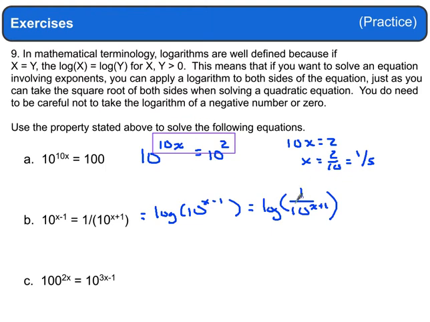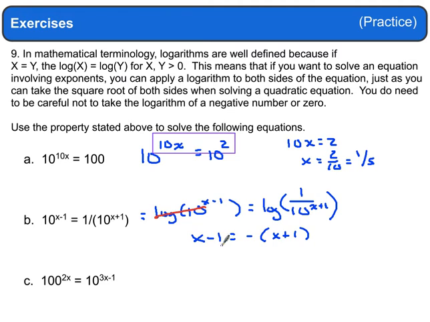By the way, since this is 1/10, I could pull a negative out. And so we end up with x minus 1, because this part's going to cancel this part. And then this is going to become an equals a negative with a parentheses with an x plus 1.